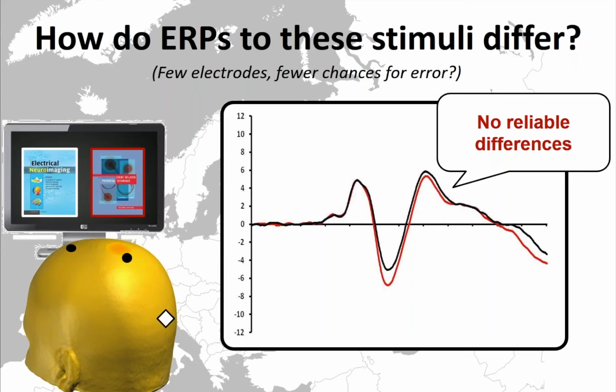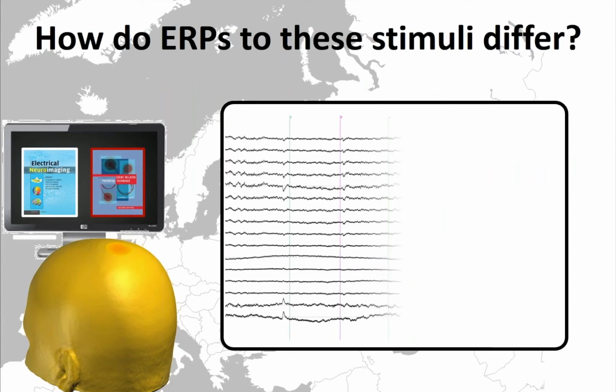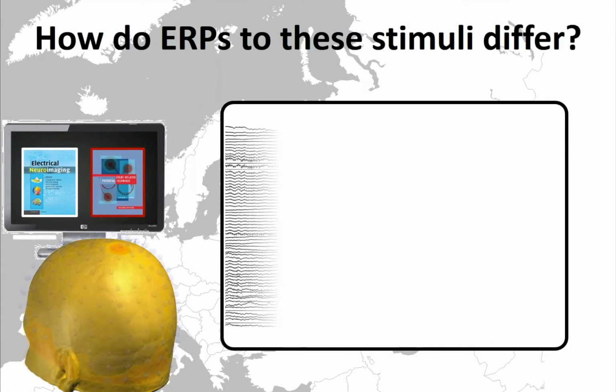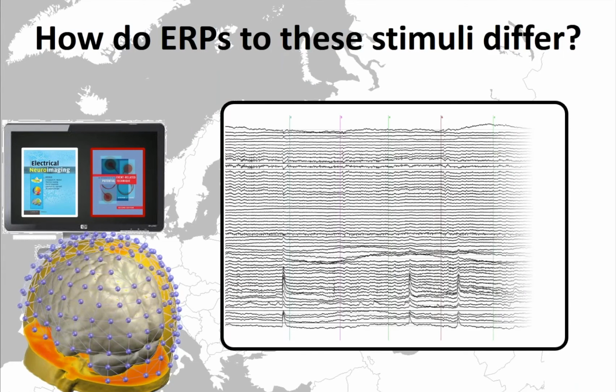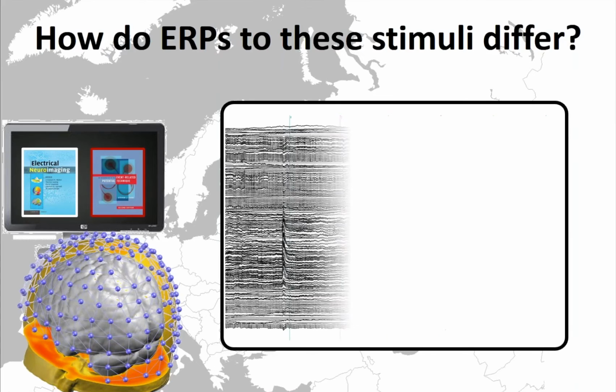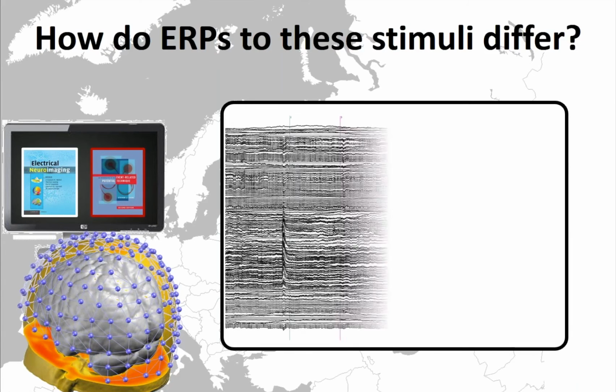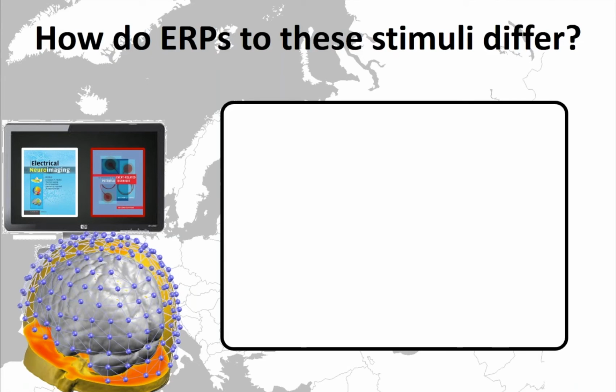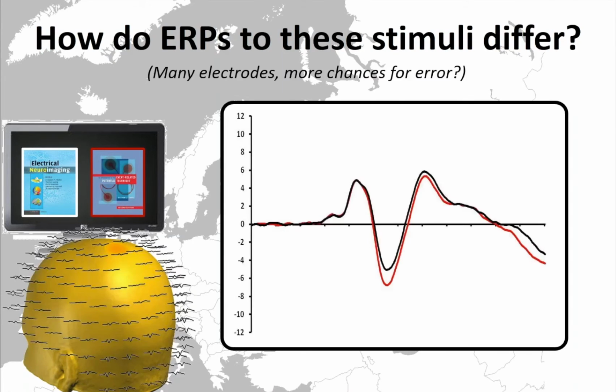But a colleague of yours might come along and say, you know what, I'm going to repeat your experiment. I like replication studies. And I'm not only going to repeat your experiment, I'm going to collect data from 128 channel EEG. And I'm going to do the same analysis that you did. And when I do, I get no results. But because I took a basic statistics class, I might think, well, I have more electrodes, so do I have more chances for error?